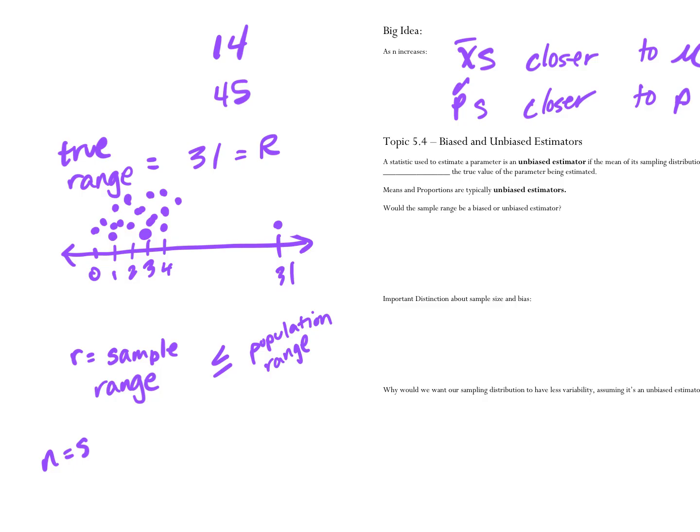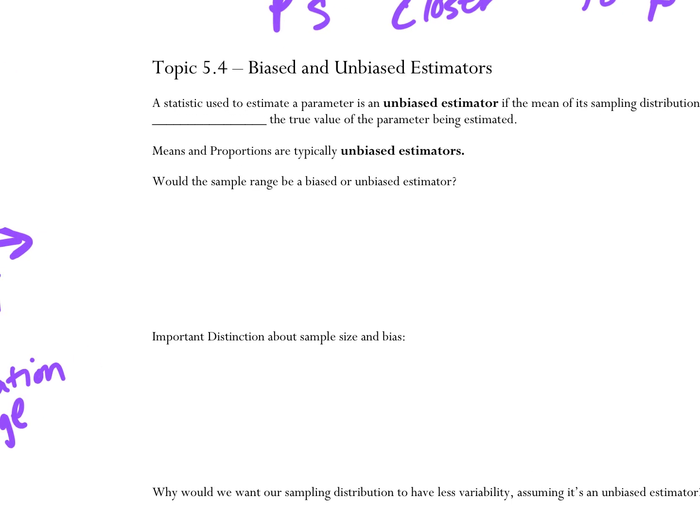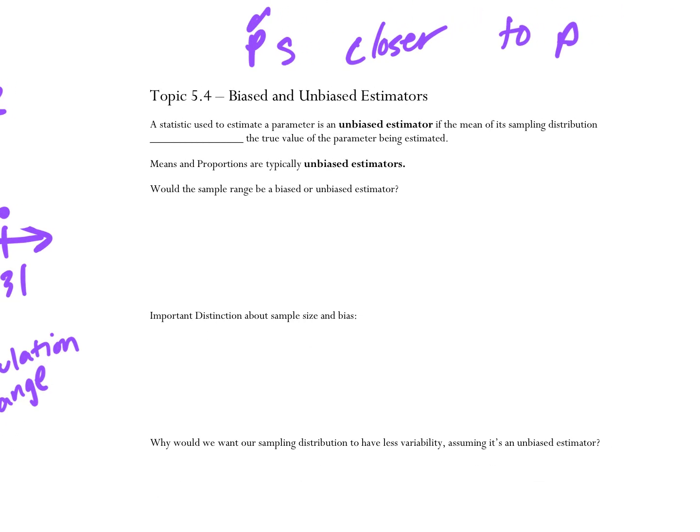Okay, so we like to use unbiased estimators. And what makes an estimator an unbiased estimator is that the mean of the sampling distribution, in other words, the mean of the p-hats or the mean of the x-bars, because those are the two we're going to spend almost all of our energy on, okay?